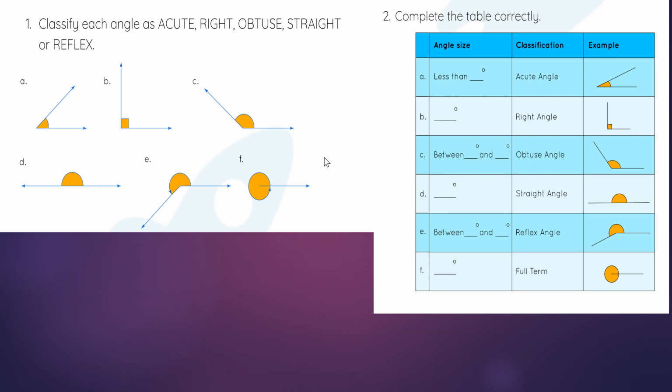Number 1F. Naya, which theorem are you on? Theorem 3. Okay. And Olivia, what number are you on? 2A. Okay. You understand what to do? Yes, sir. Okay, good.